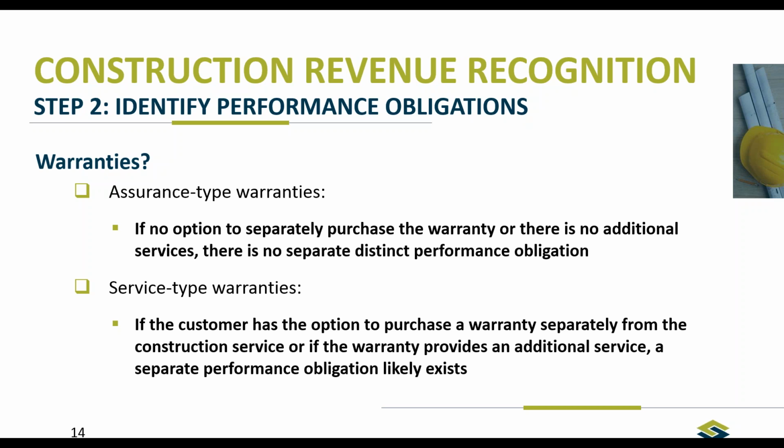A service type warranty, where someone has the option to purchase a warranty outside of the contract, would be a separate performance obligation that you would show separately. So I think it really comes down to understanding what's included in the contract and what's being offered to the customer to determine whether or not there are two separate performance obligations in the contract.